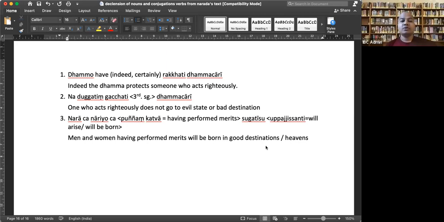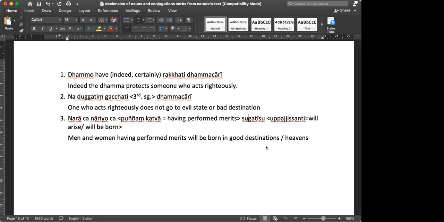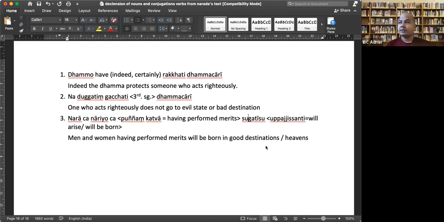So the Buddha is called Sugata, as in Sugato lokavidu anuttaro purisadammasarathi. He is called the well gone one because he has gone beyond this existence.